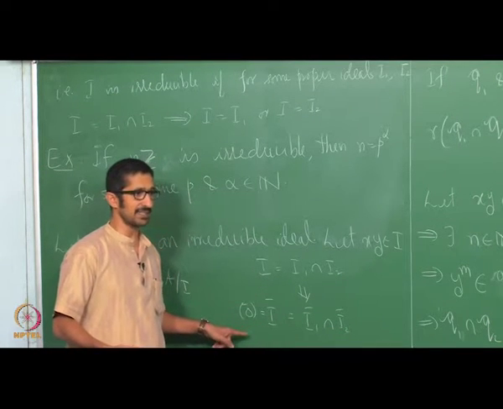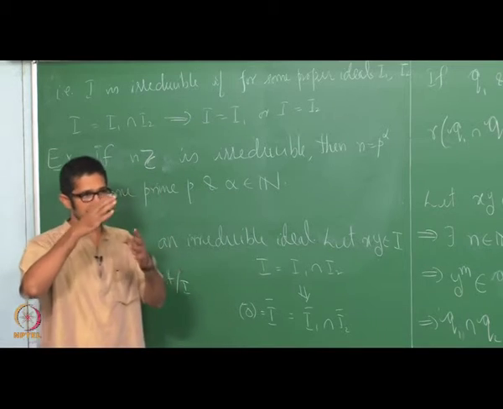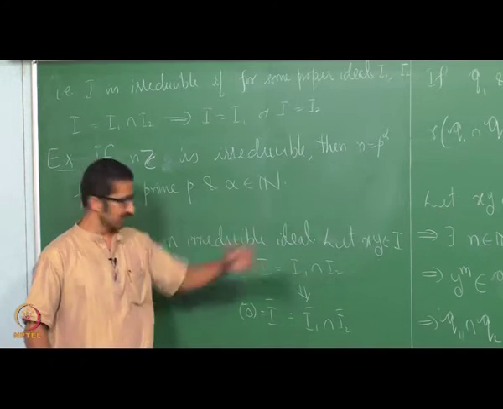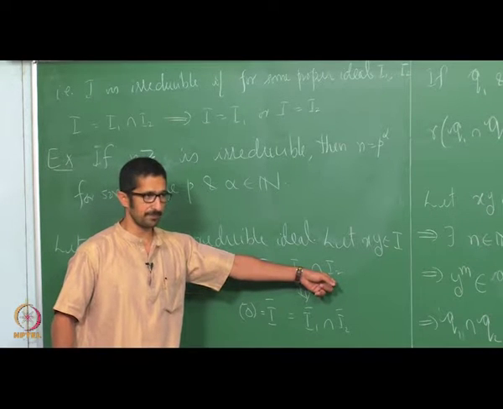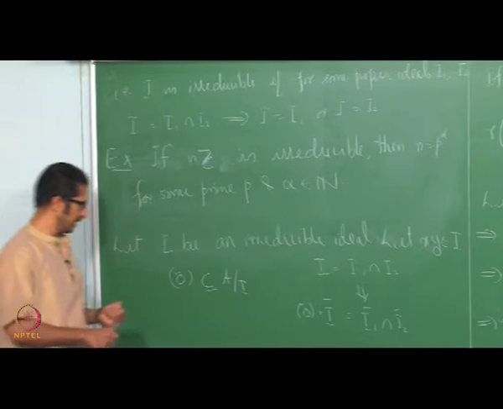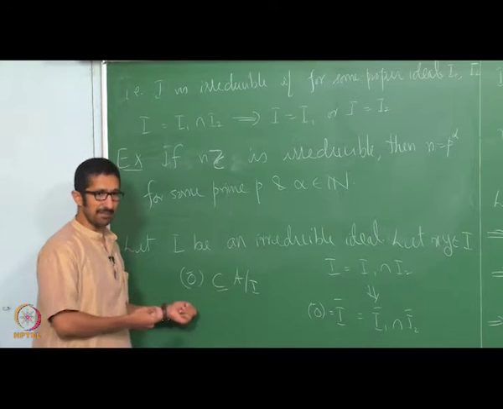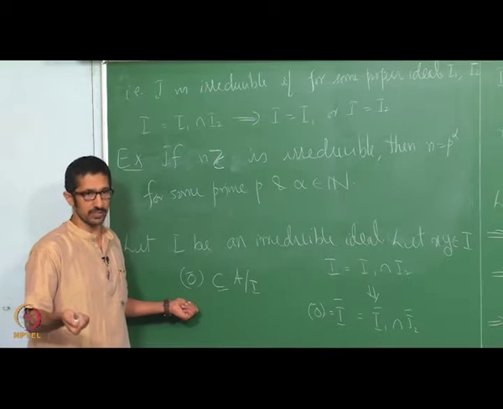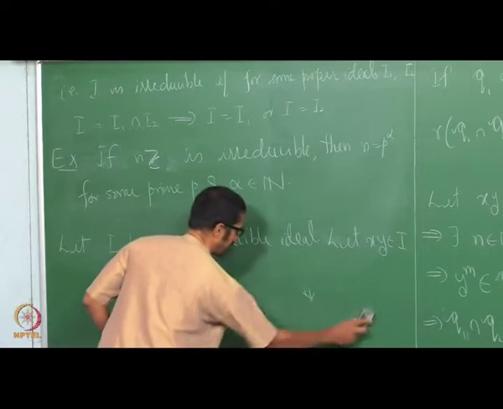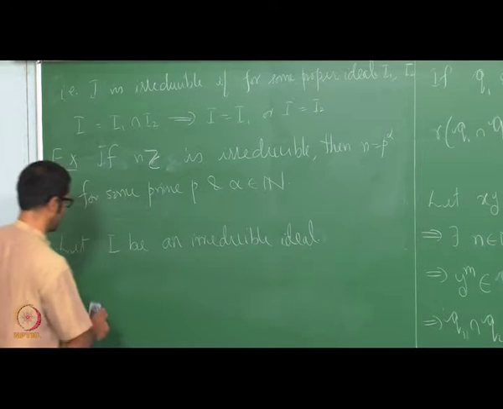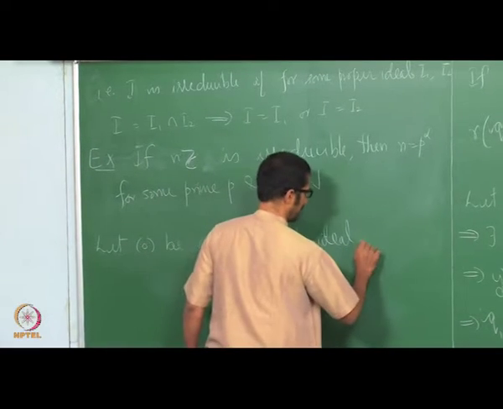But any ideal of A mod I is of the form J mod I, where J is an ideal containing I. So just pick the inverse images of I1 bar and I2 bar, bring them back to A, and you get I equal to I1 intersection I2. Therefore 0 being reducible or irreducible in A mod I is equivalent to the ideal I being reducible or irreducible in the ring A. So therefore we will assume that our ideal I is 0 in A.